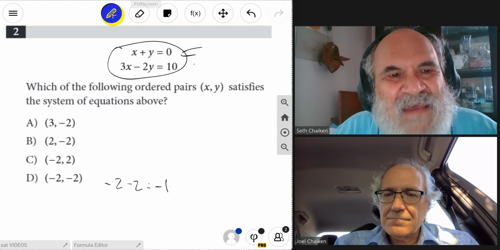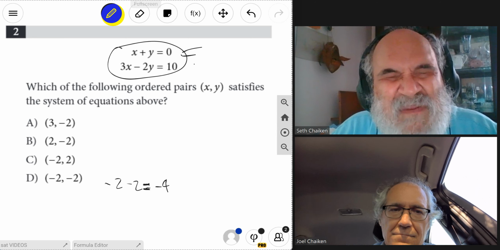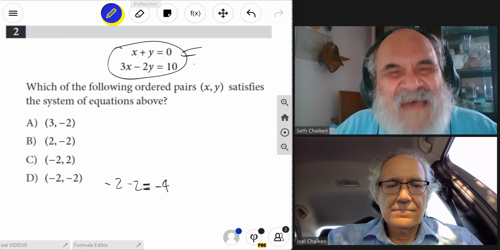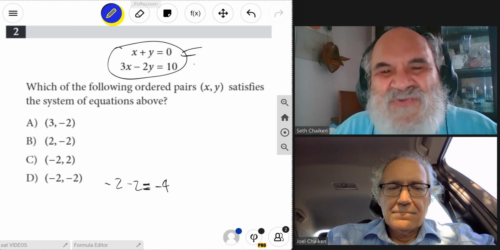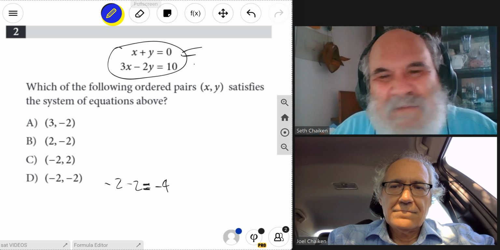Okay, but how can it be? How can x plus y be equal to 0? The only way for that to happen is if you're using positive numbers and negative numbers, or possibly two zeros, and the two of them have opposite sign.